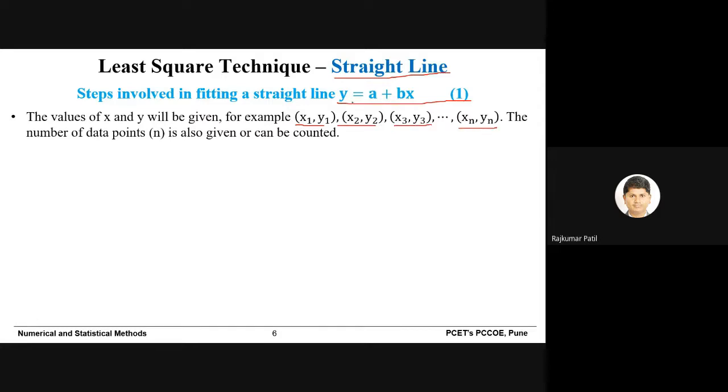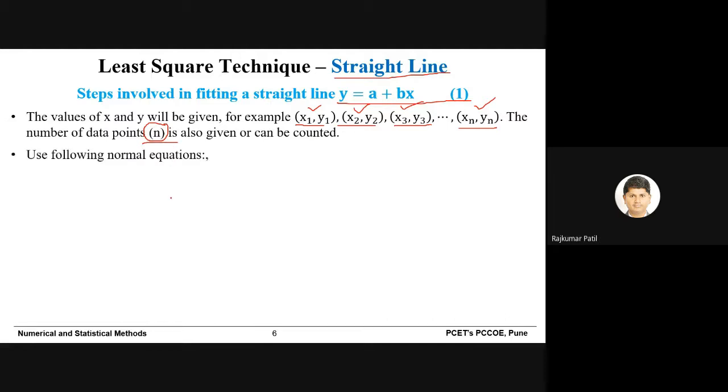You need to count how many data points there are. In this case, n data points are there, so you get the value of n. Or sometimes, if there are many data points, the value of n will be given to you. If it is not given, you can count the number of data points and find the value of n.